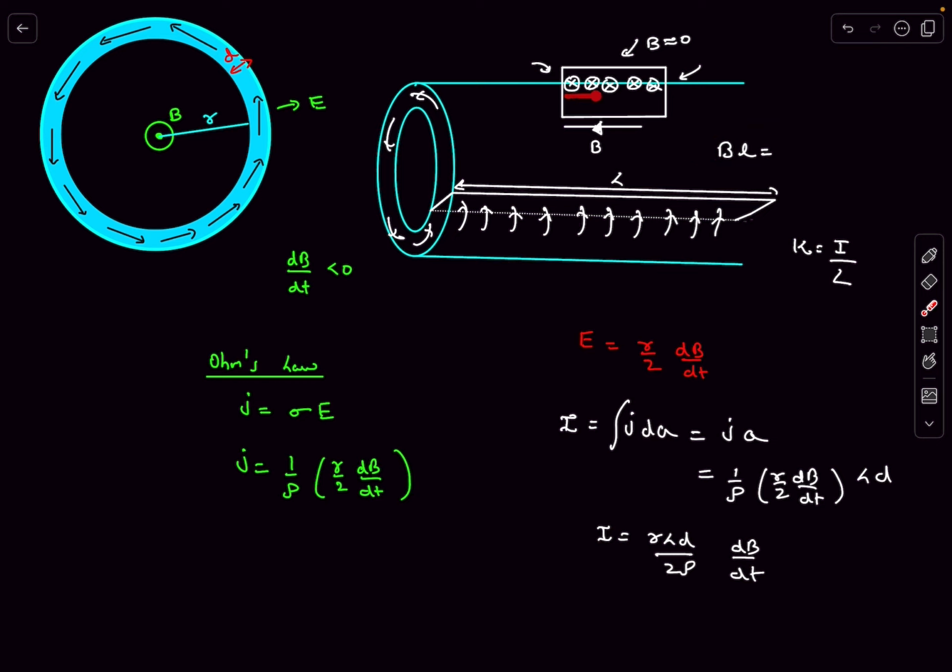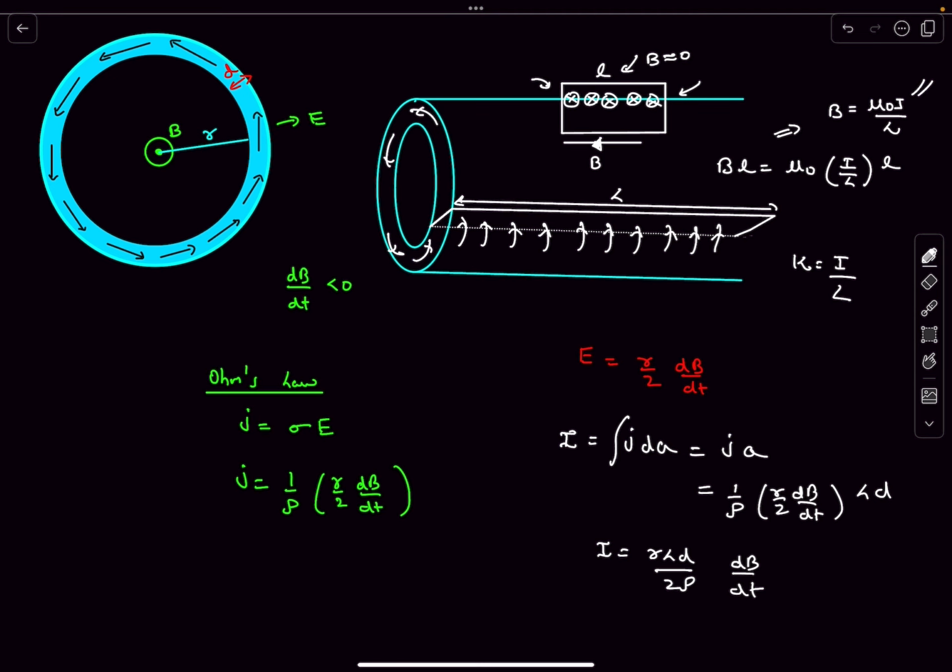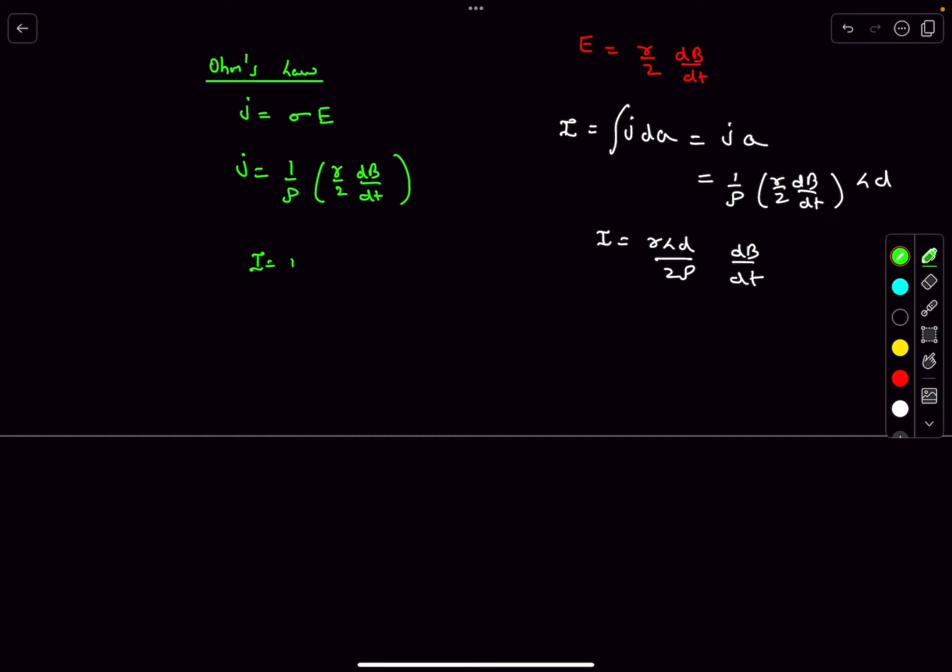The enclosed current will be the current per unit length times the length of the Amperian loop, which let's just take as small l. So this will be mu naught times the surface current density, which is current per unit length, times l. From here, we get the magnetic field inside the cylinder as mu naught I divided by L. So I turns out to be BL divided by mu naught.